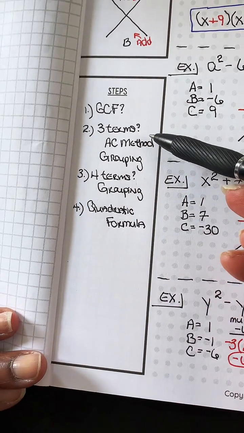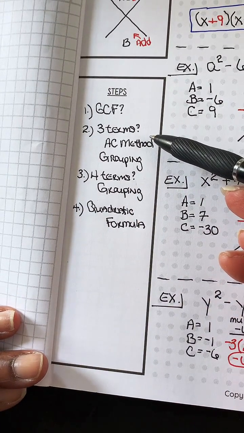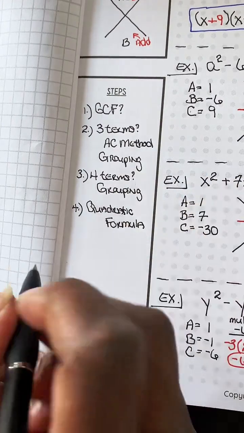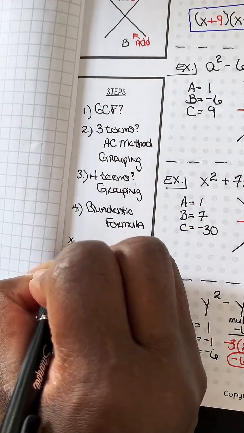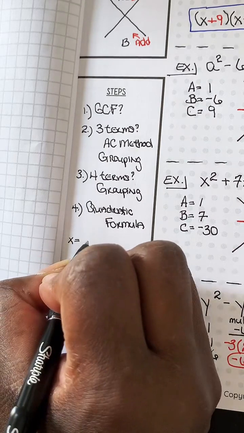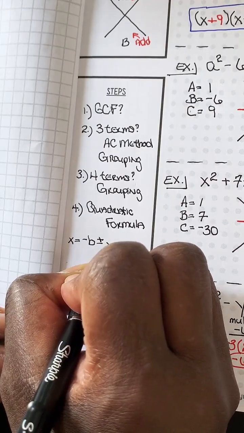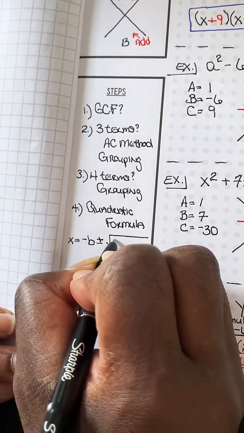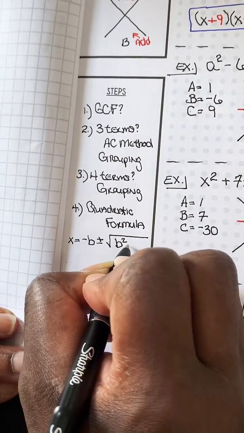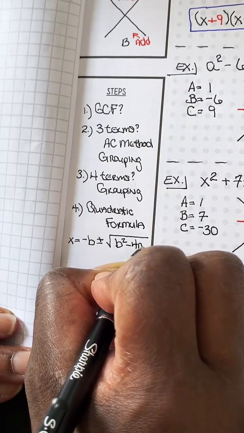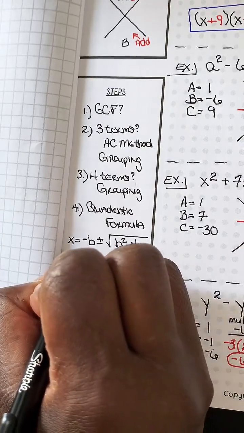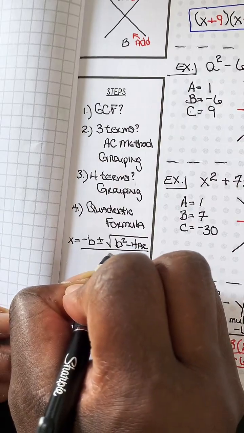But if you have 3 terms and you're just like, I don't want to play around with the idea, then you can do the quadratic formula. The quadratic formula is negative b plus or minus the square root of b squared minus 4ac, all over 2a.